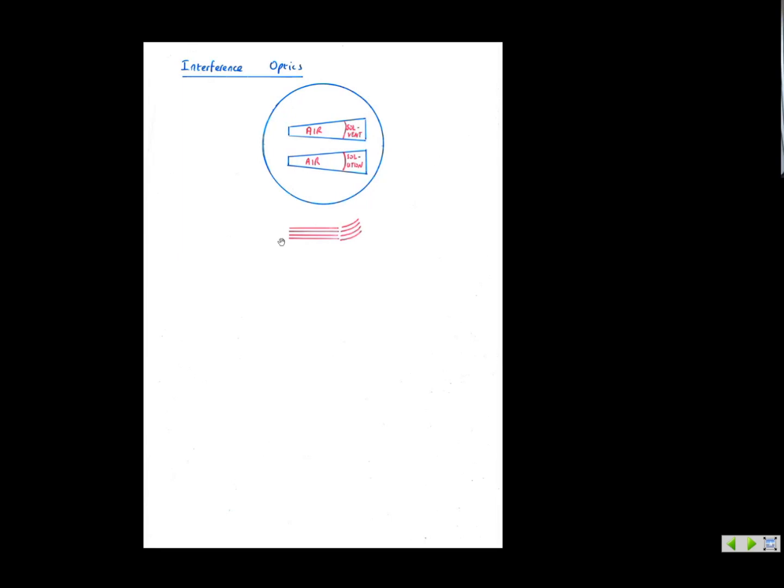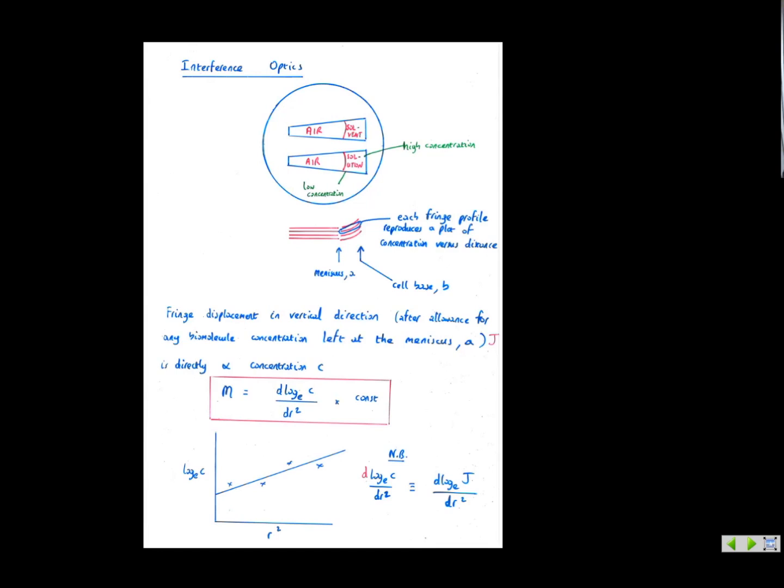Right, now these flat fringes here correspond to a comparison of light going through the air part of the solution channel compared to the air part of the solvent channel. So it's air against air, so that's why you get these flat lines. But then these curved fringes correspond to solution compared to solvent.